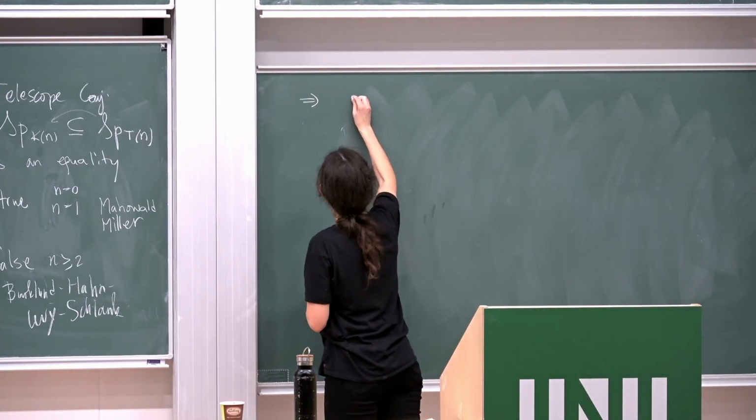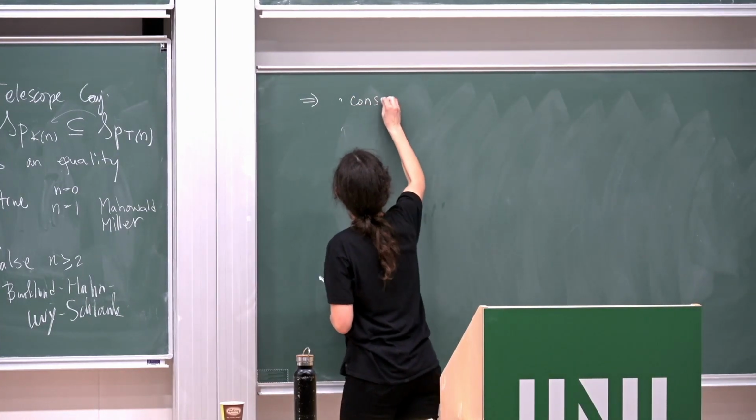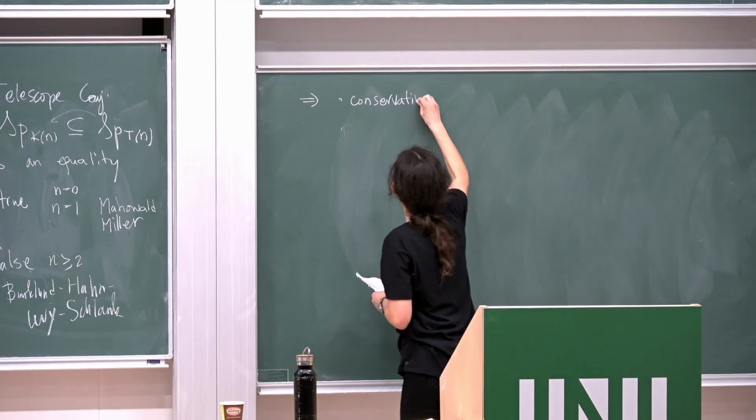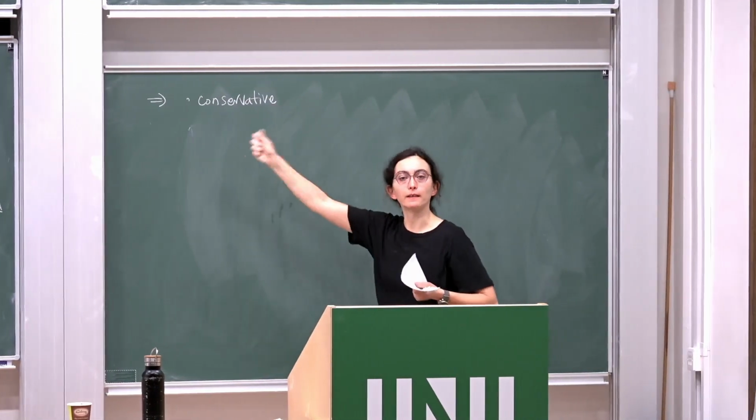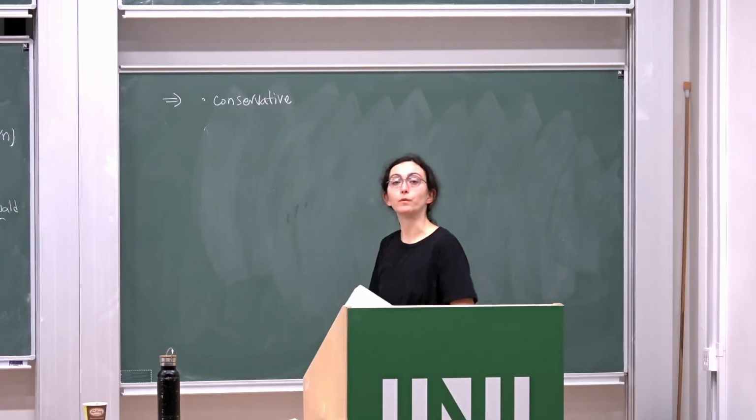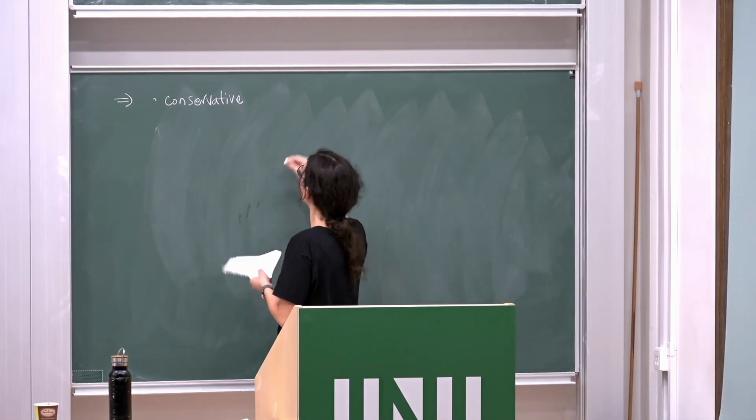So if you have a dualizable object in the Tn local category, you can understand it by smashing it with En and Kn localizing.